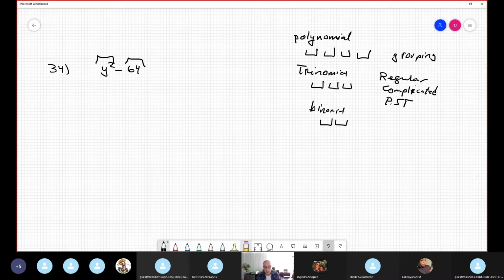The first thing you should do is recognize how many terms we have in our expression. If we have four, grouping. If we have three, trinomial: you apply the technique that we studied before. If we have two, binomial: you apply the new thing that we study now.